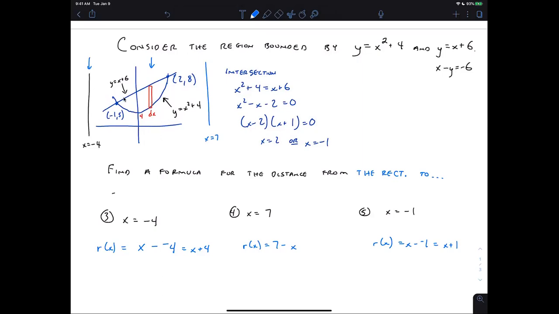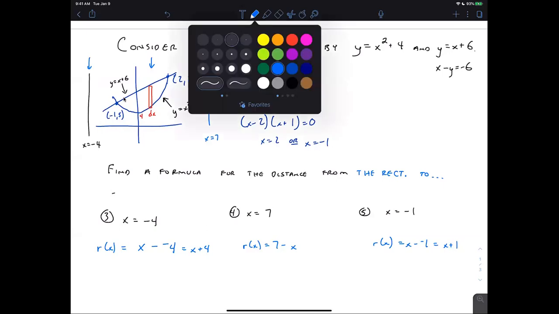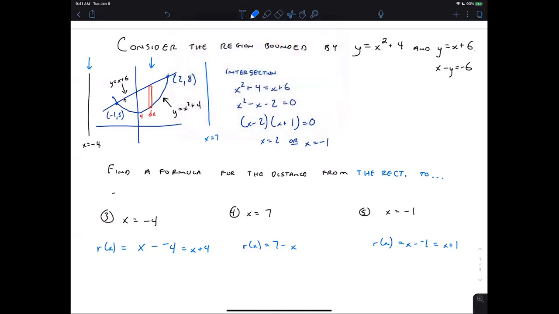Okay, and then x equals -1 is a vertical line. It happens to go right through this single point on the region. That's okay, because for any x in the region, this is going to be to the right of that still. So it's x minus -1. At the one value, -1, the formula is going to give you 0 as that distance, which it should, because if it's right on there, the distance should be 0.